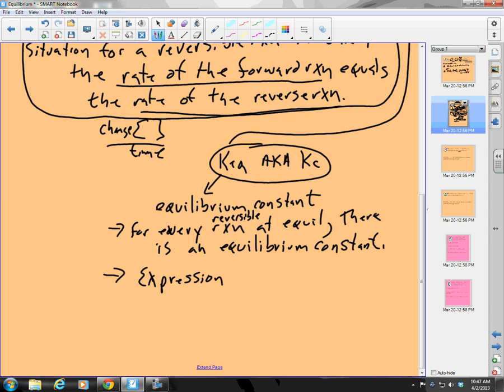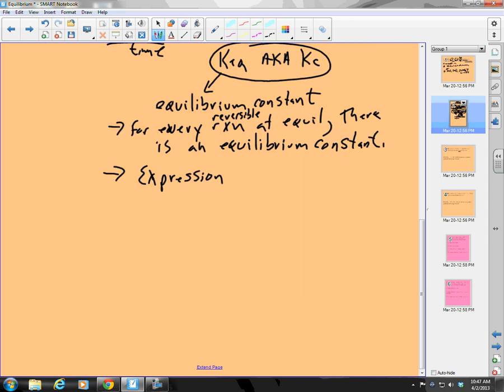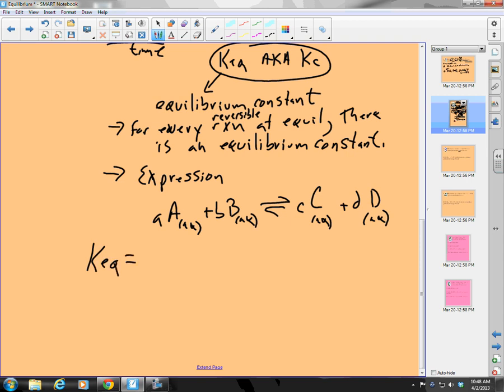Okay. So let's take A to the a, aqueous, plus B to the b, aqueous, in equilibrium with C to the c, aqueous, plus D to the d, aqueous. Okay, so let's say I have that reaction. My KEQ for this reaction is going to be equal to the concentration of my products raised to their coefficients.